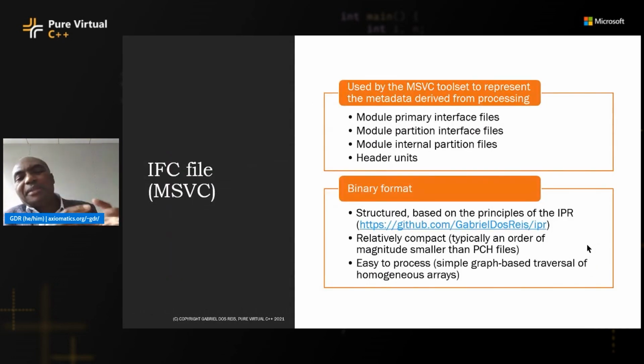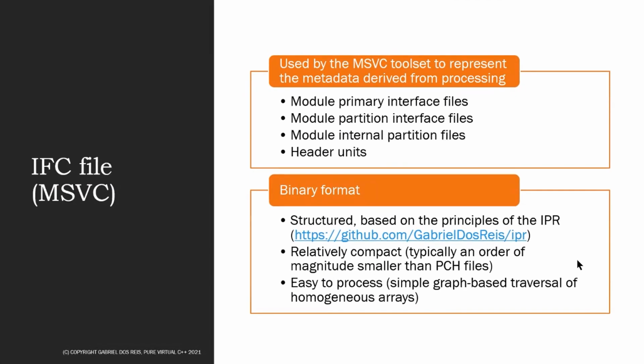With the MSVC toolset, for example, the representation, we call it an IFC. When you have a module interface, you give it to the MSVC front end. You invoke cl.exe on that interface file. It's going to produce two things: the metadata, which is stored in an IFC file with the suffix .ifc, and then the object code that gets linked to the rest, right?